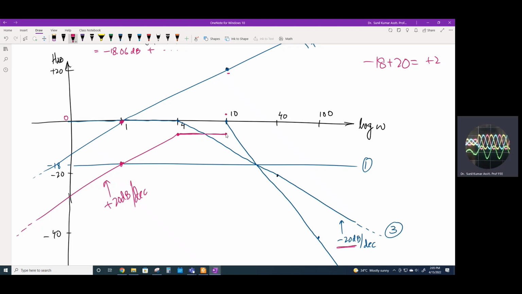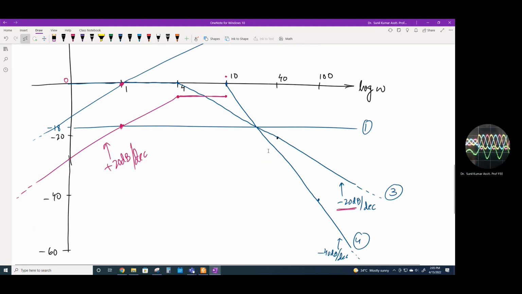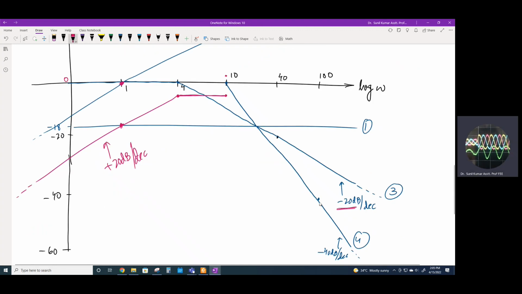And after omega equals 10, we have line number 4 coming into play with a slope of minus 40. So I will draw a line just parallel to this line number 4 and mention its slope, which is minus 40 dB per decade.